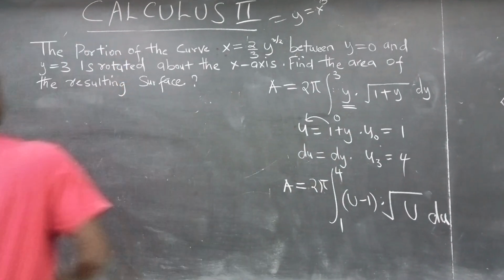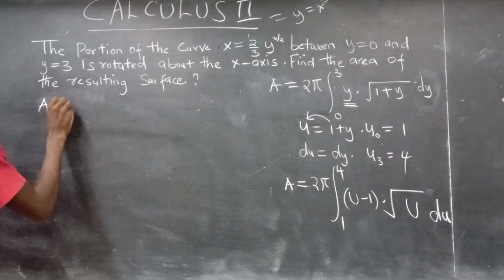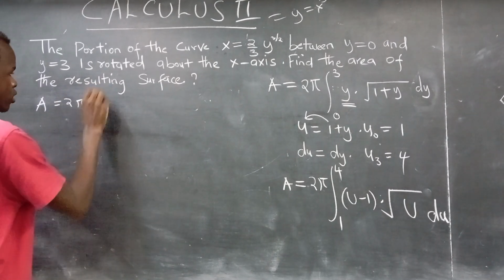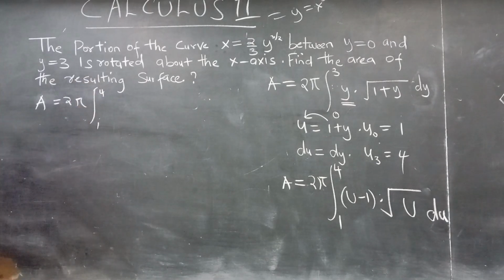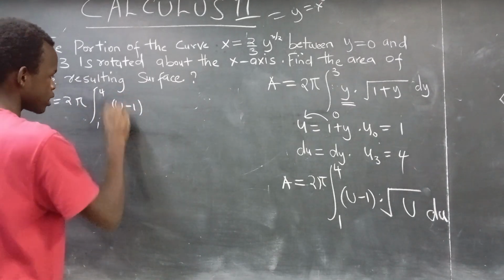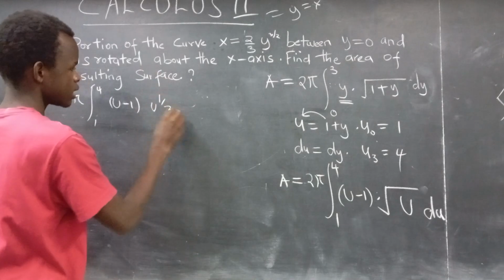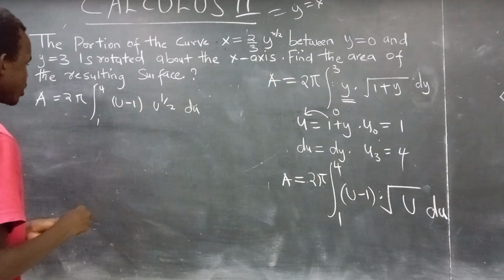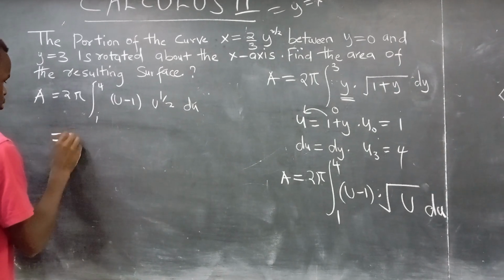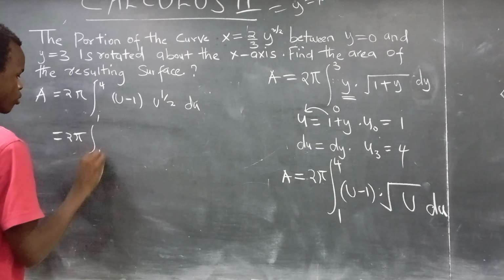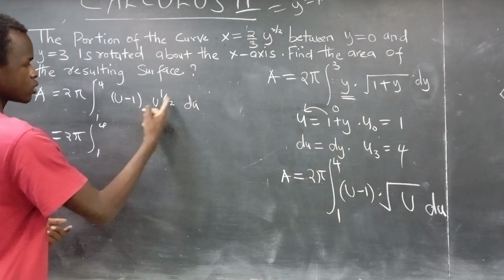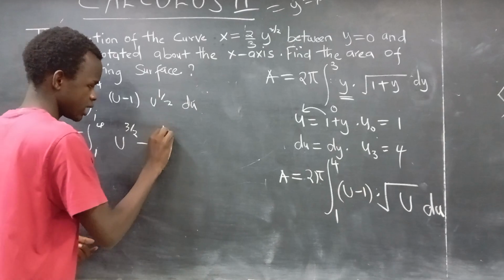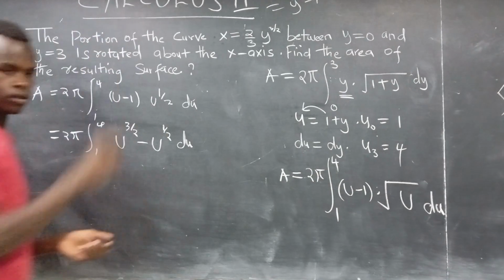I'll write area equals 2 pi, the integral from 1 to 4 of u minus 1 times u to the half, du. Multiplying these inside, you add the power, so it will be 2 pi, the integral from 1 to 4 of u to the 3/2 minus u to the half, du.